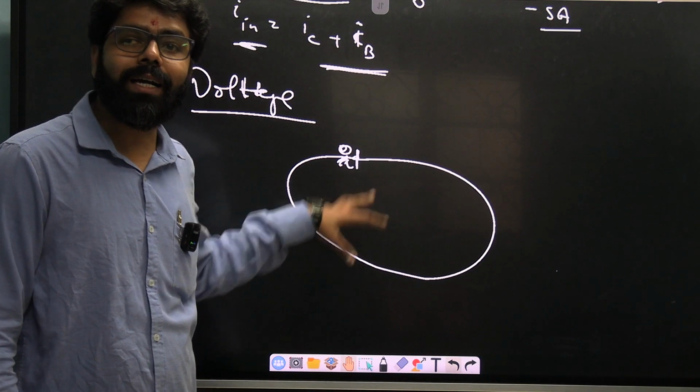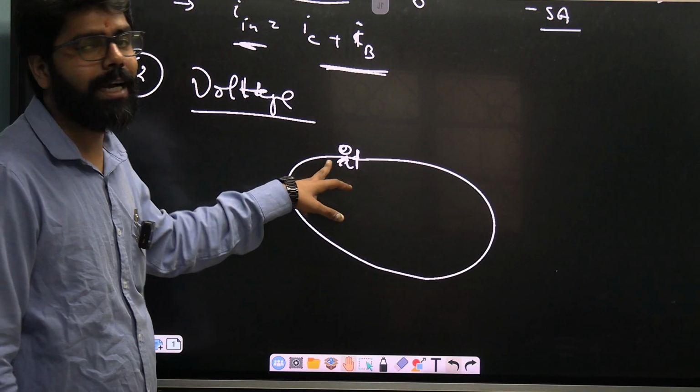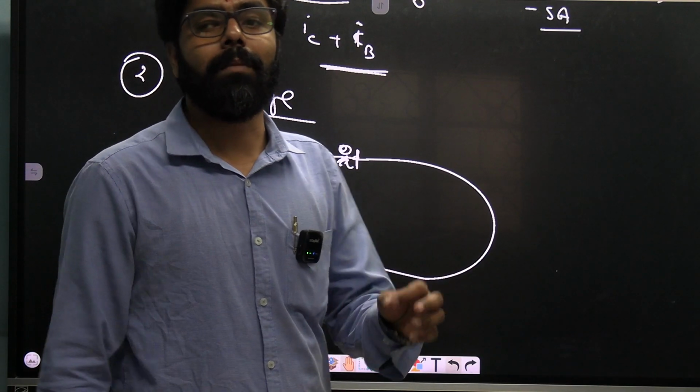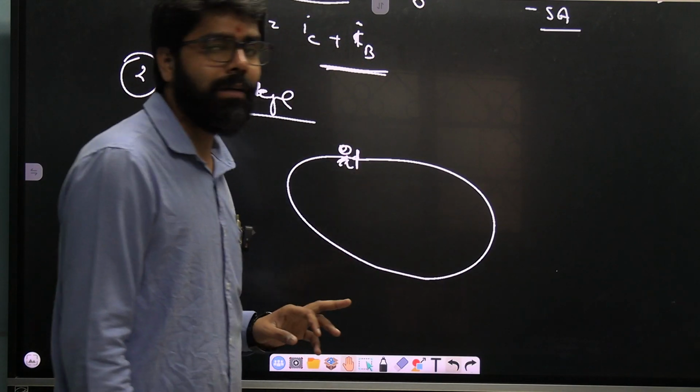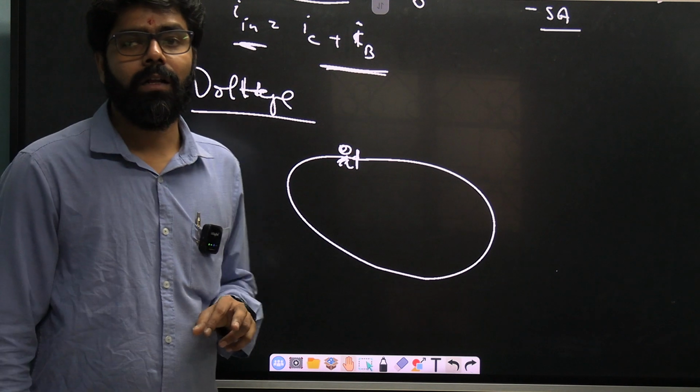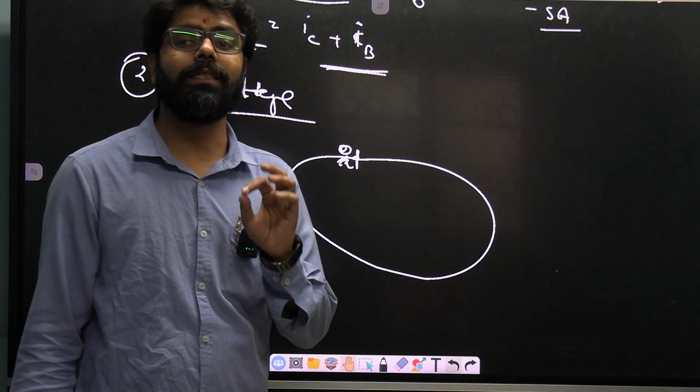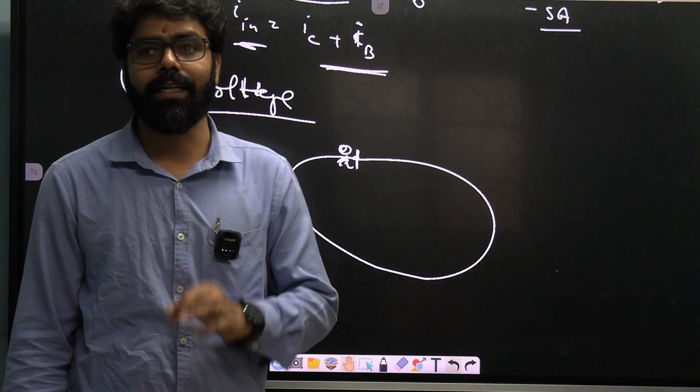The total work done by that charge or body is 0 because the displacement is 0. The voltage rule depends on this principle. It is based on the law of conservation of energy.